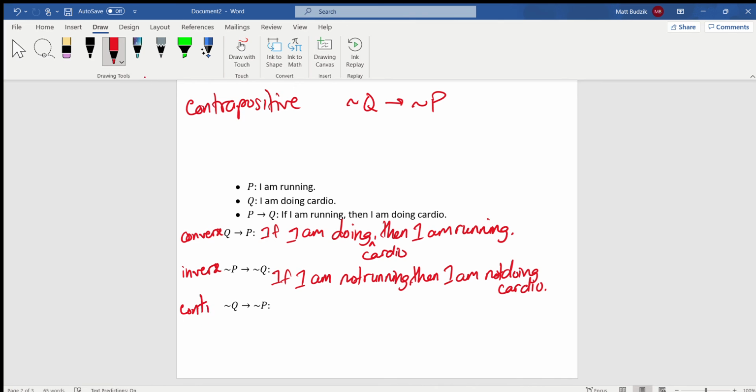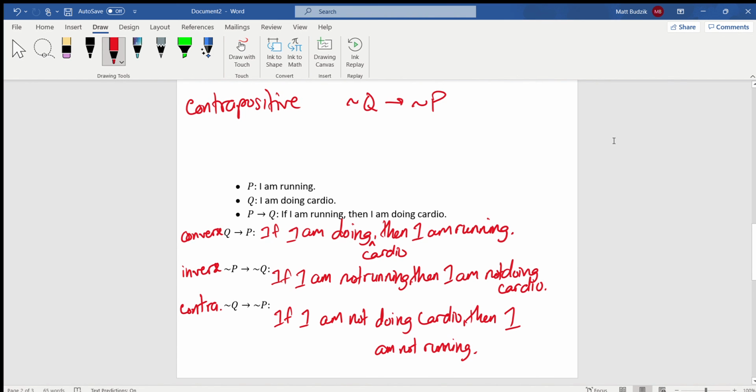So I'm just going to write contra. So this would read, if I am not doing cardio, then I am not running. And this is true. If you're not doing cardio, then you're definitely not running, because any runner knows you're definitely getting a workout. Okay, so that's the varieties on the conditional statements that we can work with.